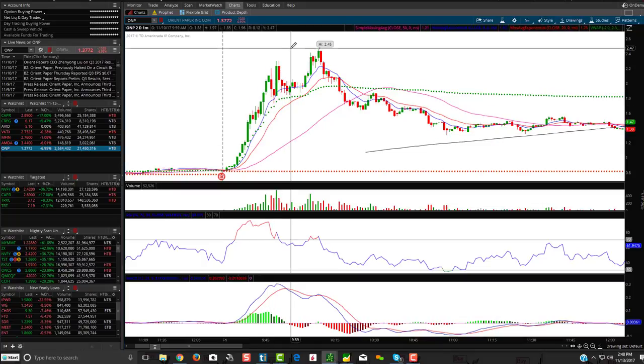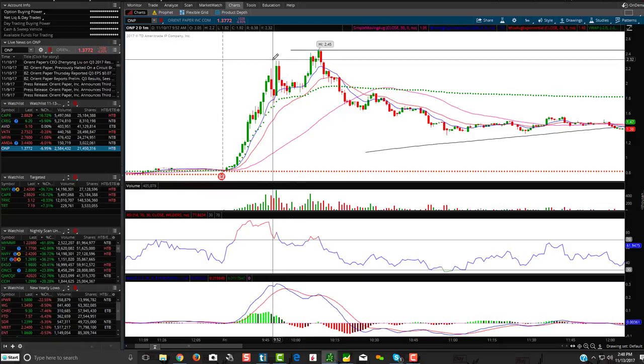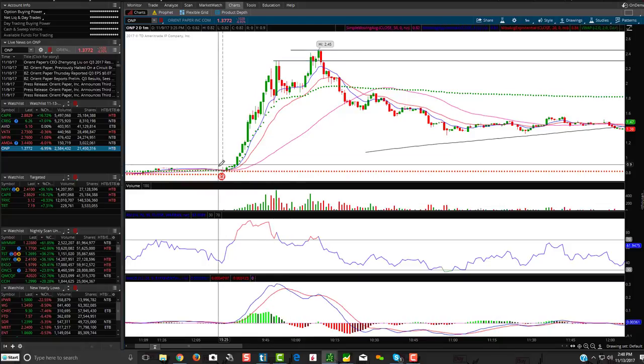The peaks, you can see a peak resistance area here, one that was over here, back of the day, at the start of the day would have been a high of day breakdown over here. And then you're coming up to these areas, like a cup pattern, goes and breaks above. Then you have a high of day, comes back down. It can't hold this previous resistance. Now with support, it falls down.